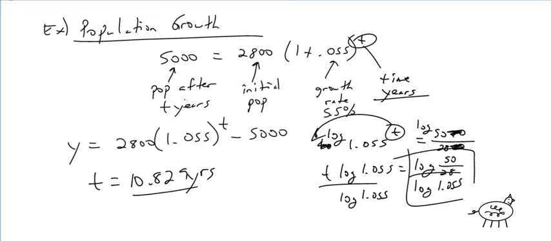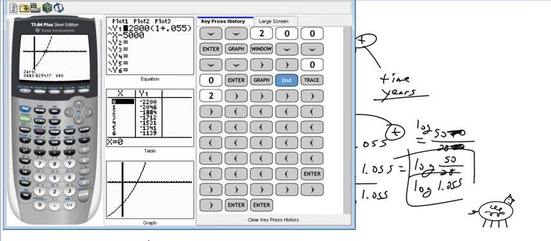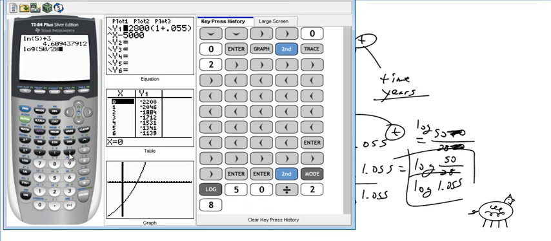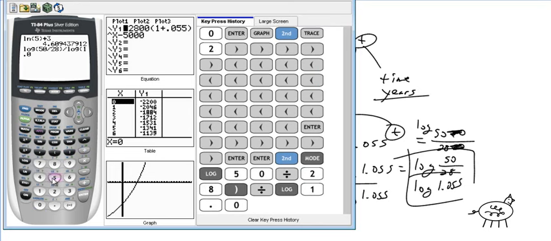But if I did that in our calculator, let's see what that is going to turn out to be. Okay, so let's quit out of here. Log of 50 divided by 28, close parenthesis, divided by log of 1.055.